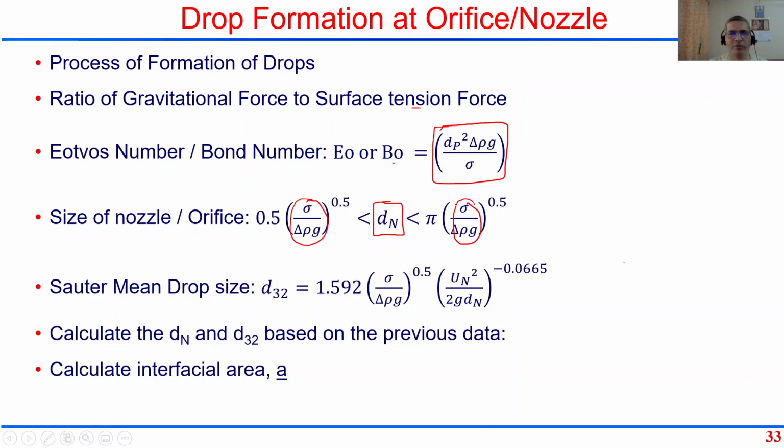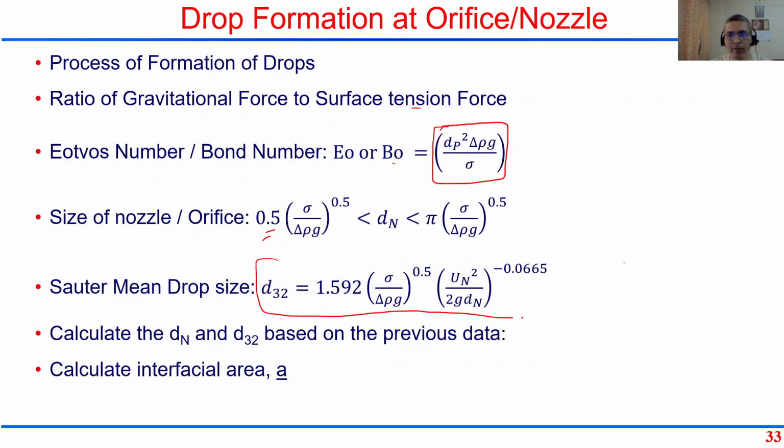It's not exactly 1, but if you want to think in terms of an equivalent Bond number, it is of the order 1. That's how the size of the nozzles is typically decided, and depending on the size of the nozzle you can calculate the Sauter mean diameter based on this kind of relationship.